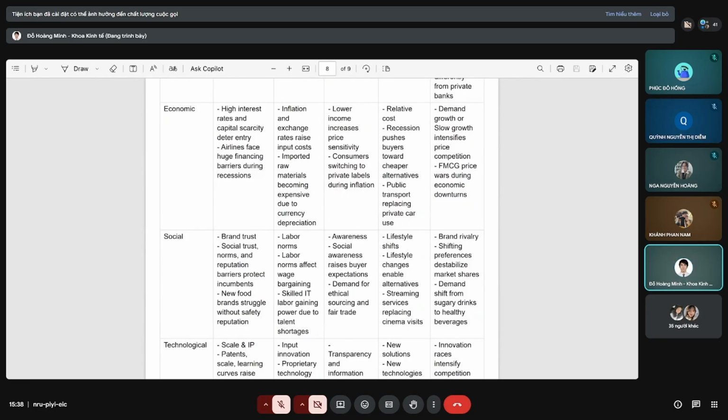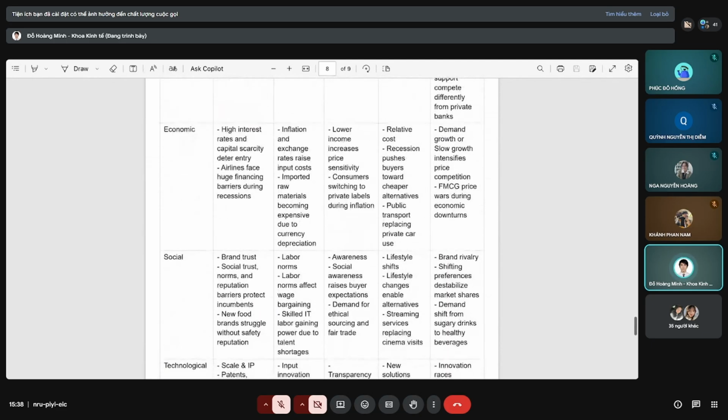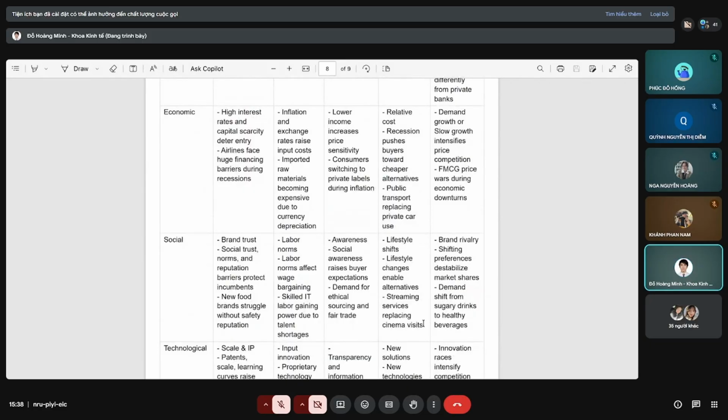And how about the substitute? If there is a change in the customer preference, it represents a good opportunity for the substitute product.